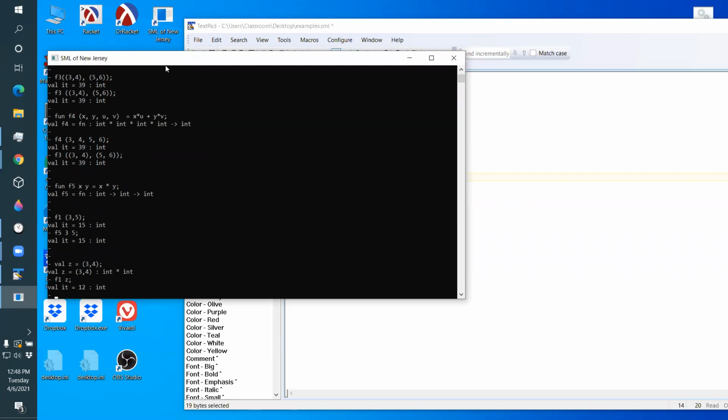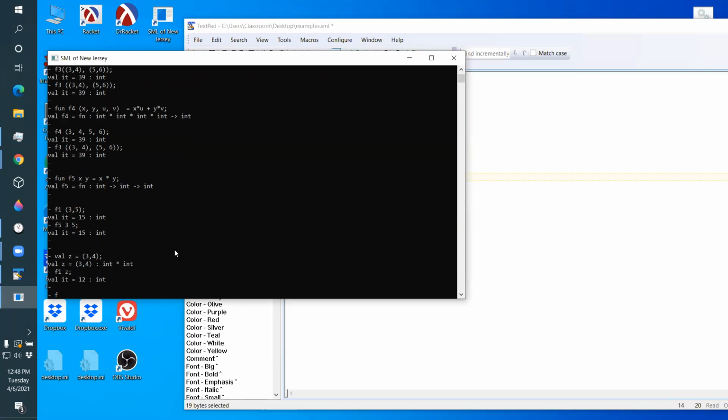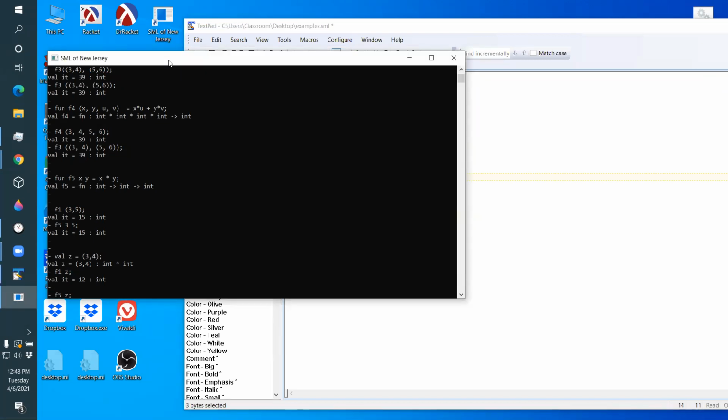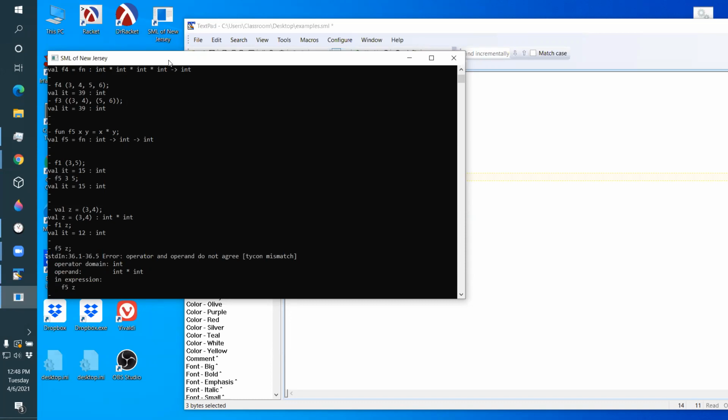See, F1 works on Z because F1 really only took one thing. That thing was a tuple. So F1 really is a function of one thing. Now, F5 doesn't know what to do with Z because F5 isn't supposed to have a pair. It's supposed to have two numbers. So F5 is going to say Z doesn't work.